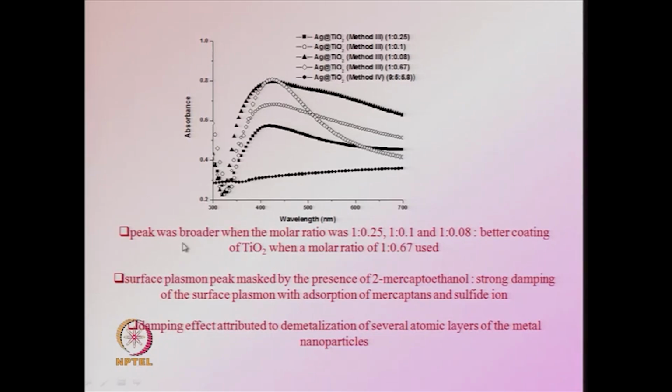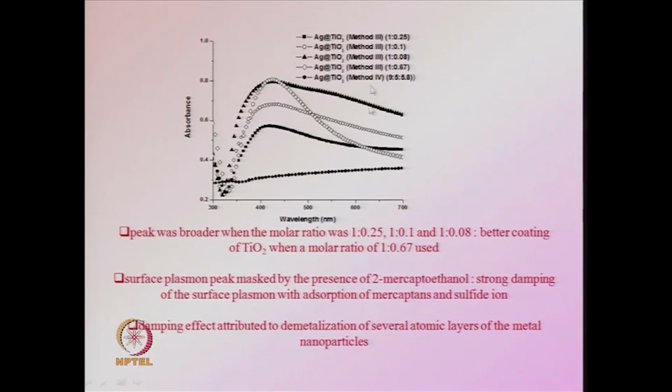So, you see the peak was broader when the molar ratio was less, and that shows better coating of TiO2 was observed only when you use a much larger quantity of TiO2, 0.67 is to 1, where 1 is silver, and when you use less quantity, the peaks start to broaden.